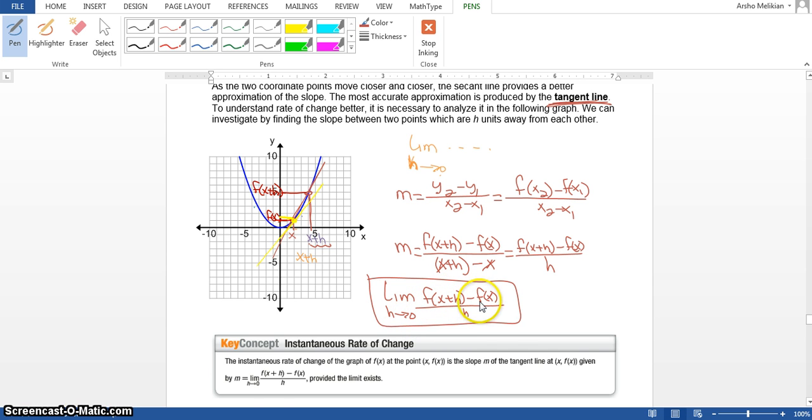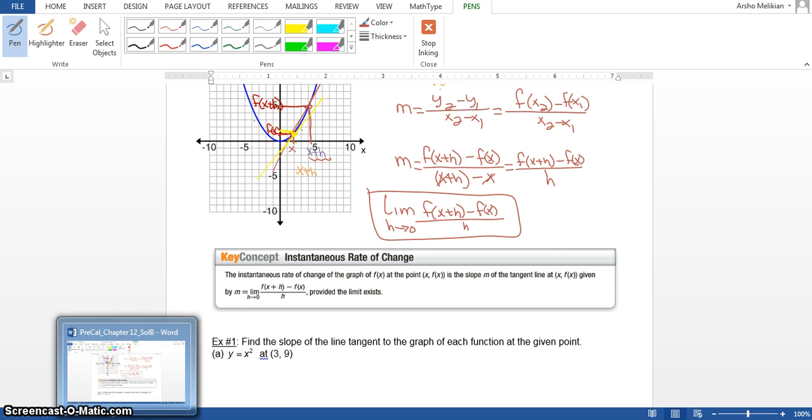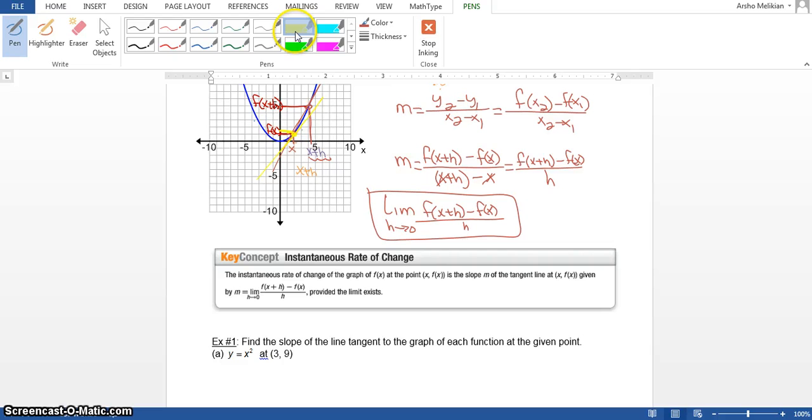And this is one that you need to commit to memory, because this is the formula that basically transforms the secant line into the tangent line. And when we find the slope of that tangent line, we have the best approximation of the slope of the curve at the particular point. Here is the formula that you have to memorize one more time.